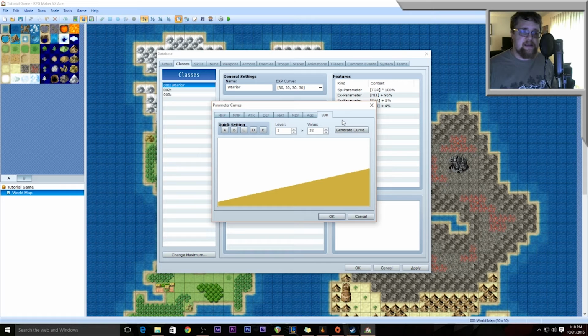You have to be thinking about, is this character particularly lucky? Is this character particularly accurate? Are they going to be able to hit those weak spots in the armor and cause those critical hits? You just have to think about it on a case-by-case basis. It does not fit within any real archetype. So those are all the stats.